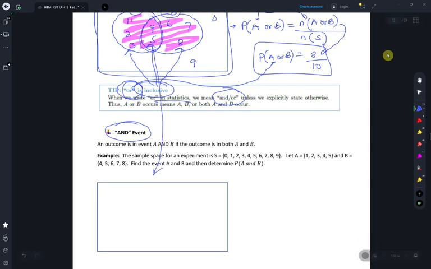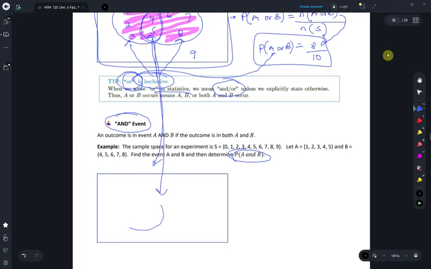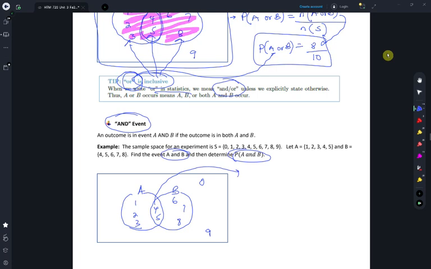What if we're told to find the probability of what is common to both A and B? Using the same diagram we had earlier, I'm going to bring that diagram here. So you have A, and then again B. You have 1, 2, 3, 4, 5, 6, 7, 8, 0, and 9. The event A and B is made up of the points 4 and 5.